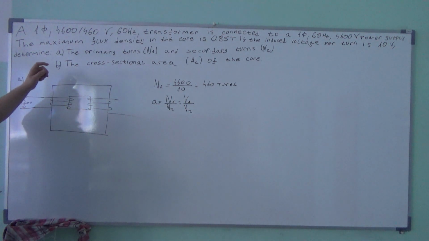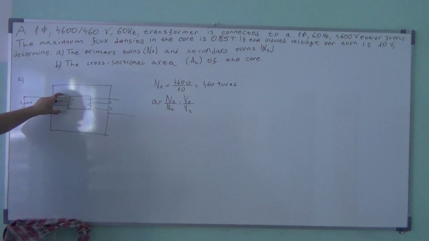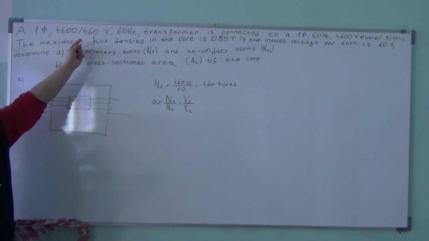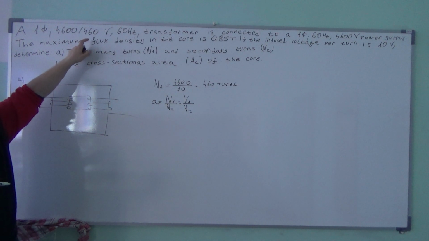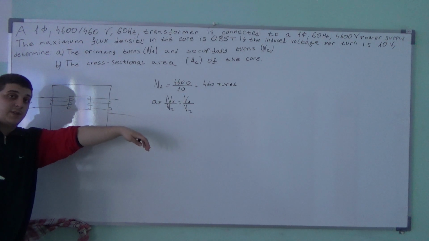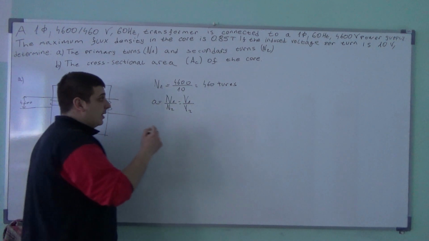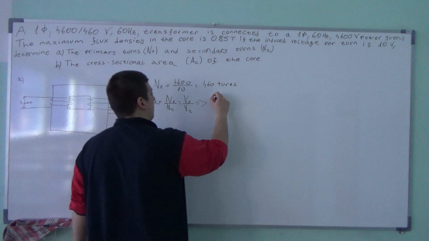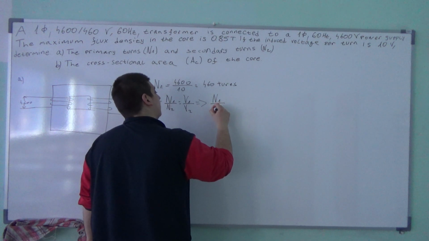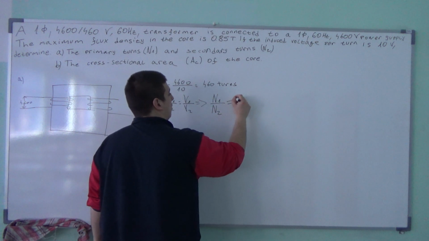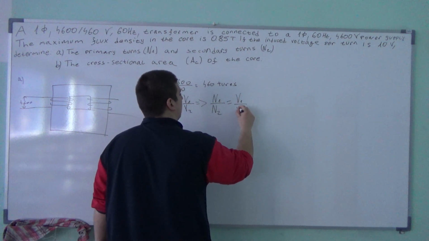So if we have 4600 volts on the primary side, for this particular transformer we will have 460 volts induced voltage on the secondary side. So N1 divided by N2 is equal to V1 divided by V2.